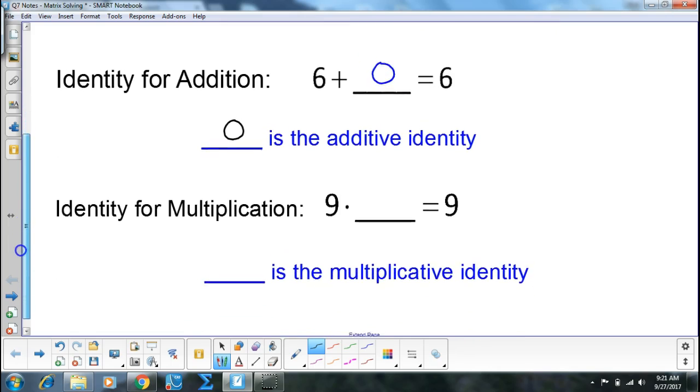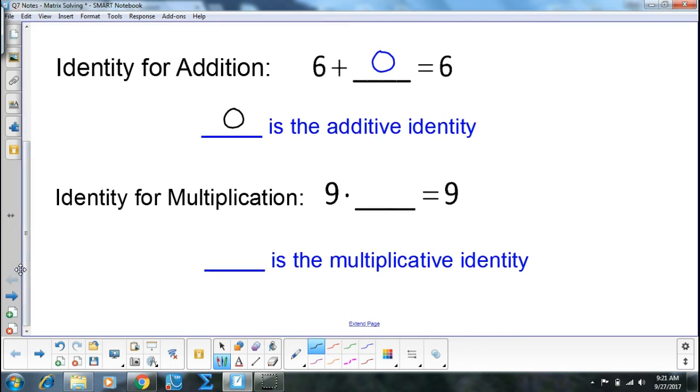In multiplication, 9 times something equals 9. What's that something? 1. So 1 is the greatest math word ever, multiplicative. Just say that once. Multiplicative.